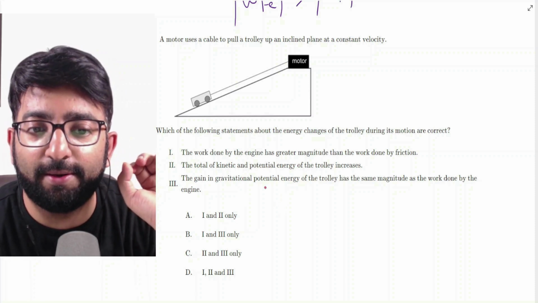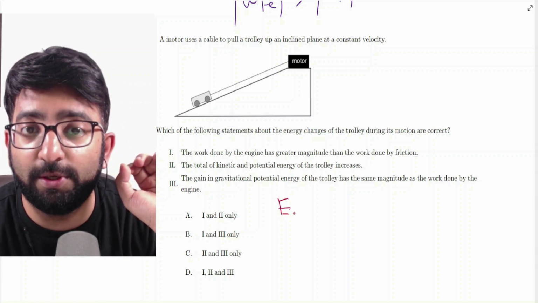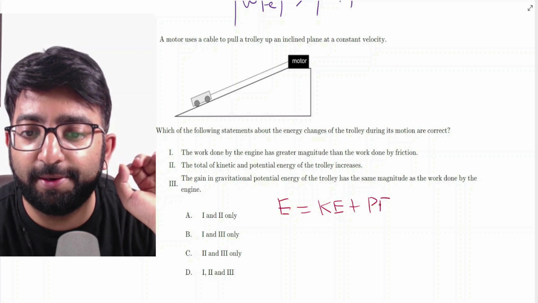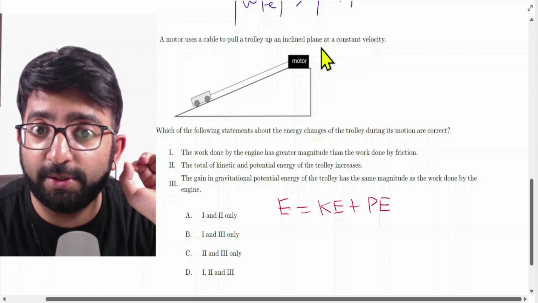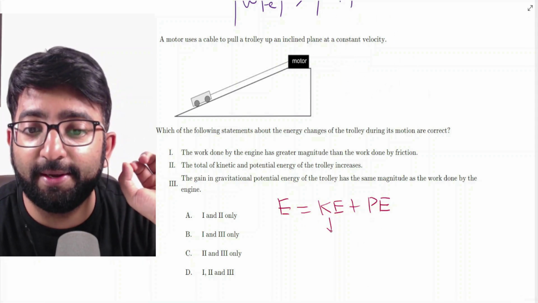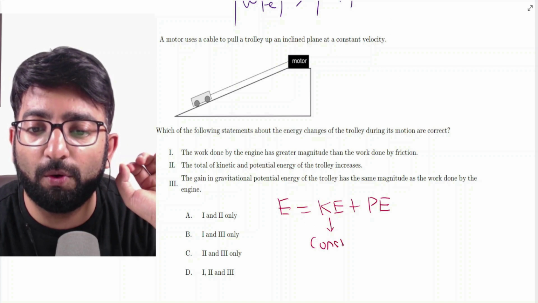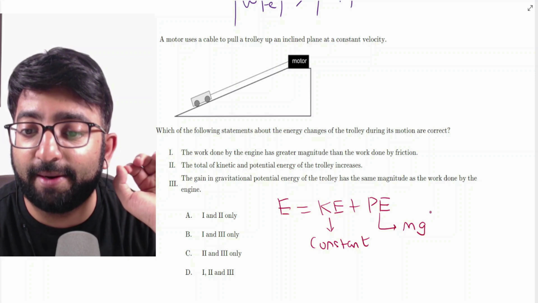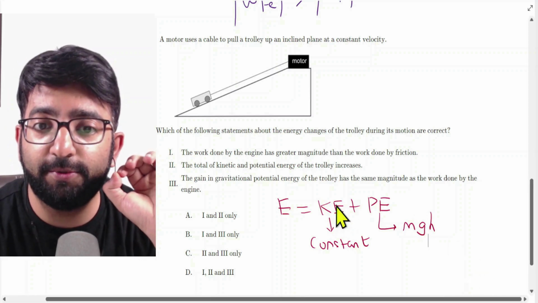So in any case, let us write down the total of kinetic and potential, which is also called mechanical energy, kinetic plus potential energy. Now, in the question, it was mentioned that the velocity of the trolley is constant, which means kinetic energy, the half mv square, will be constant. On the other hand, potential energy, the formula for gravitational potential energy is mgh.